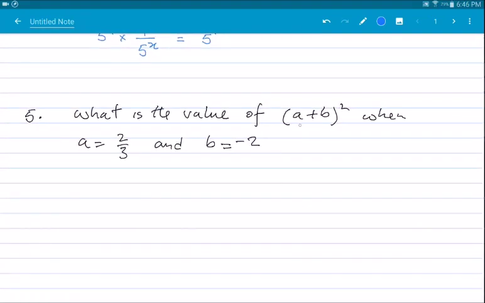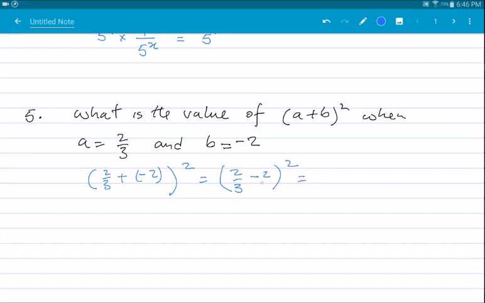Question 5. We want to work out the value of a plus b squared when a is 2/3 and b is minus 2. So we have 2/3 plus minus 2 all squared. That's going to be equal to 2/3 minus 2 all squared.